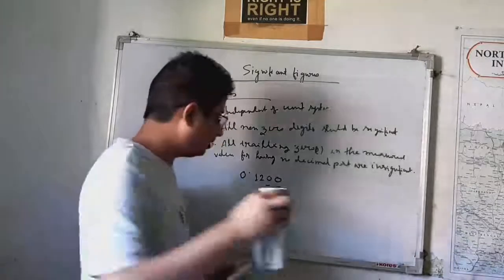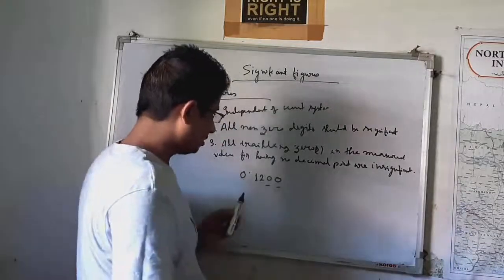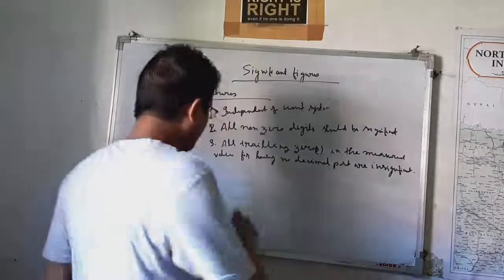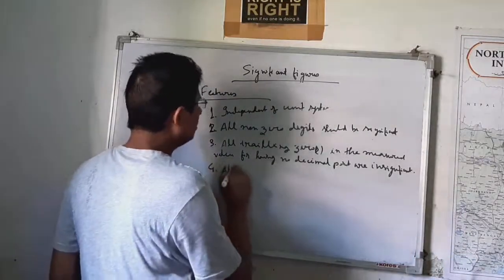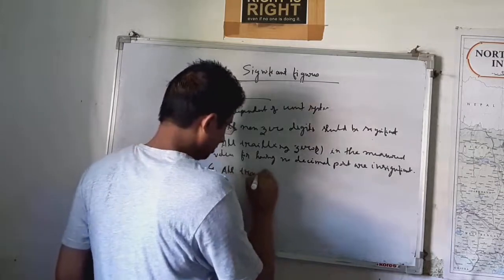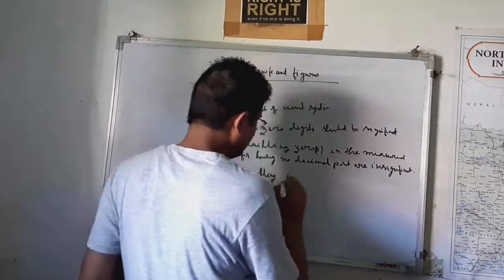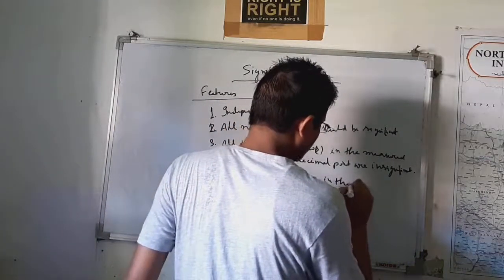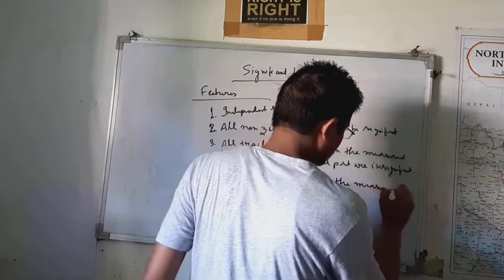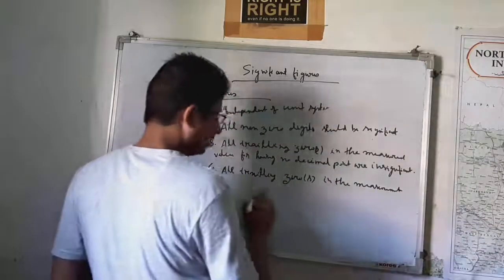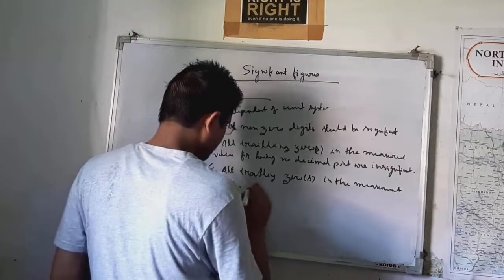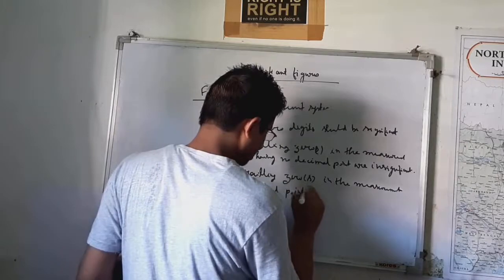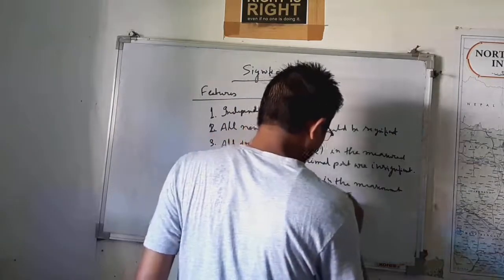From this logic or argument, we can conclude another fact: all trailing zeros in the measurement after the decimal point are significant.